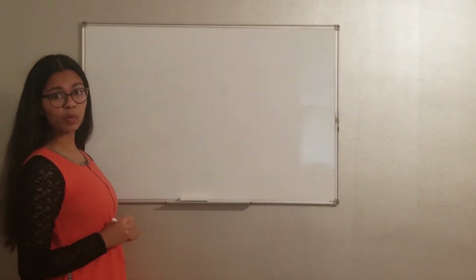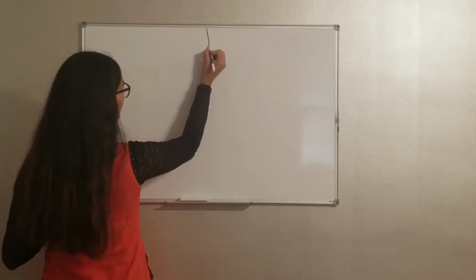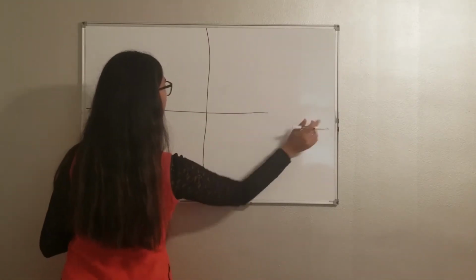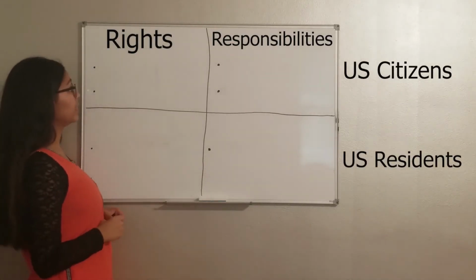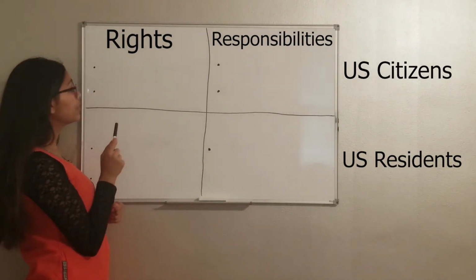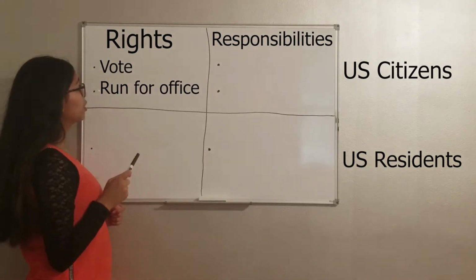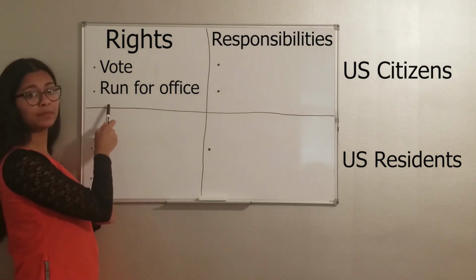I'm going to divide this board into a chart so that it makes a little bit more sense. Okay, let's start with the rights section. For US citizens, they have two rights: the right to vote and the right to run for a federal office.